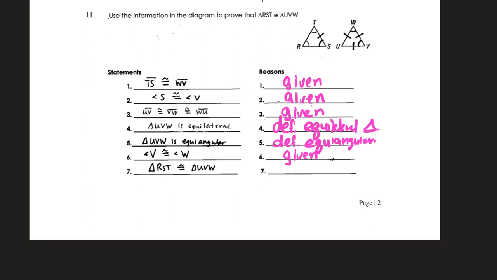Well, they share this angle and this angle, so that's a corresponding angle. They have this angle and this angle, that's another corresponding angle. And then they have this side and this side, that's the included side. So it's going to be because of the angle, side, angle postulate. That's why the two are congruent.